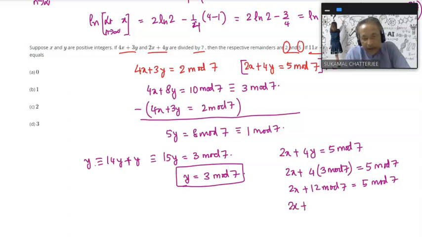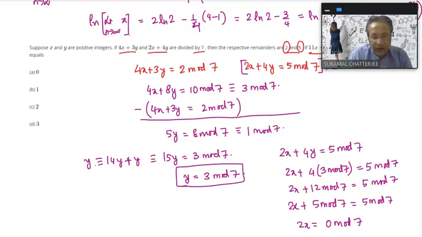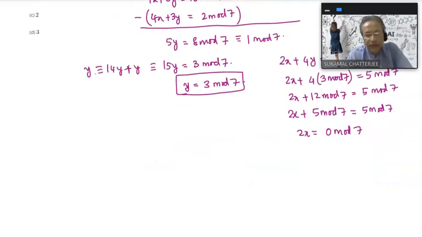So 2x plus 5 mod 7 equals 5 mod 7. So 2x is equal to 0 mod 7, or x is equal to 0 mod 7.